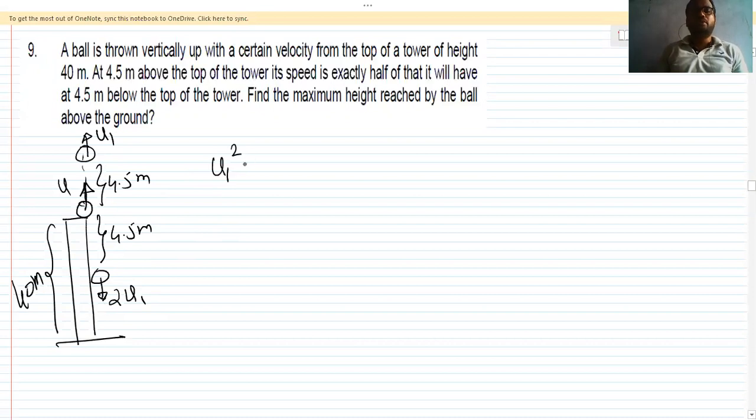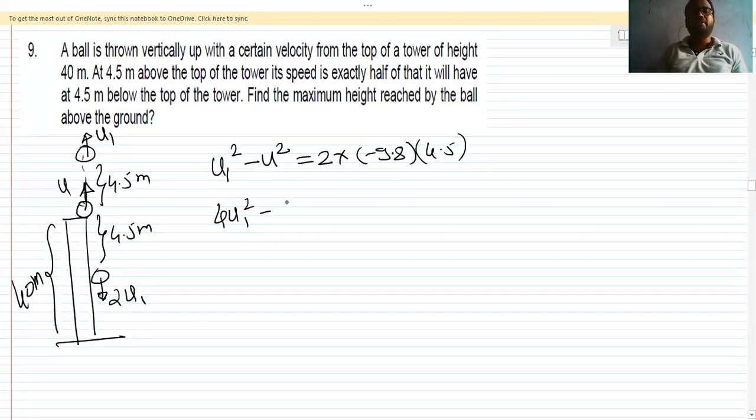Final velocity u1 squared minus initial velocity u squared is equal to 2 into minus 9.8 into 4.5. And for this we have 4 u1 squared minus u squared is equal to 2 into minus 9.8 into minus 4.5.